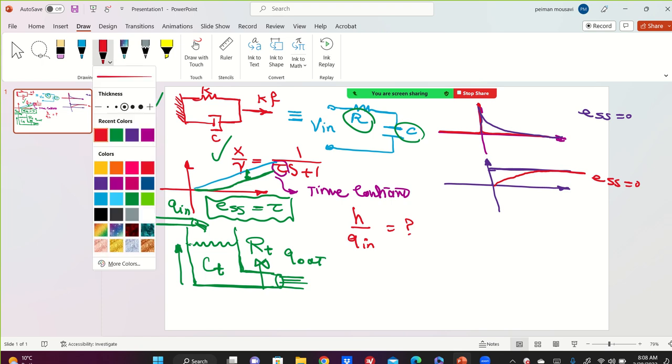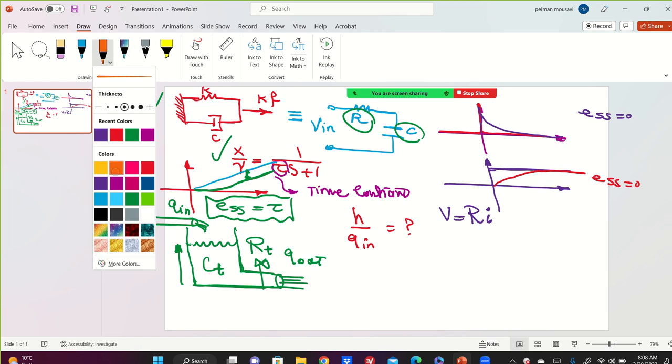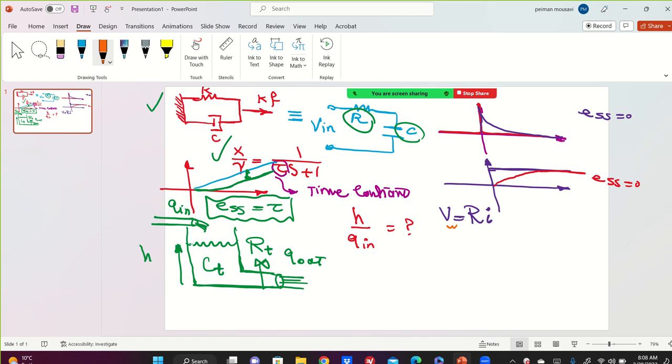So, in the electric circuit, we know Ohm's law says the voltage equals the resistance times the current. So guys, what's the meaning of the voltage in mechanical engineering? You let me know. What's the meaning of the voltage?